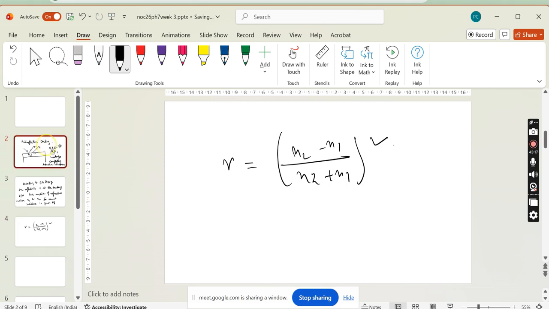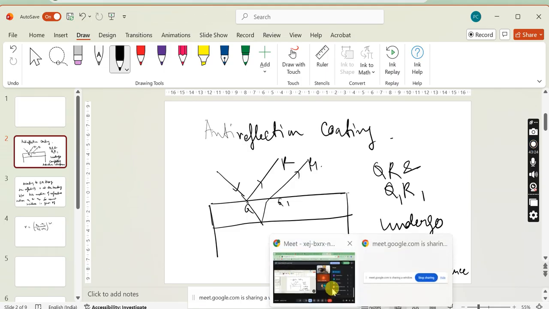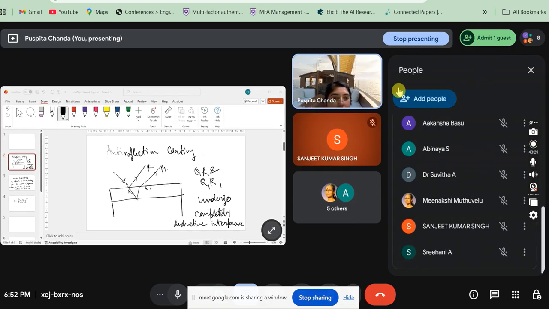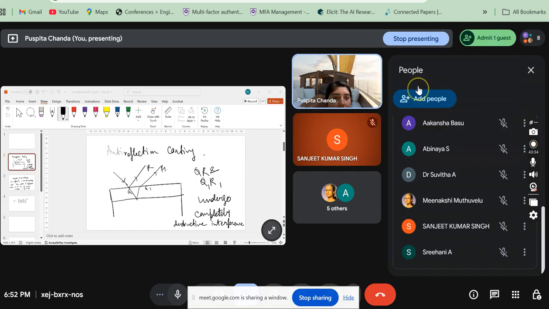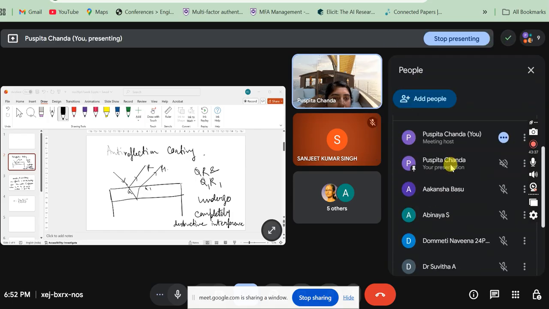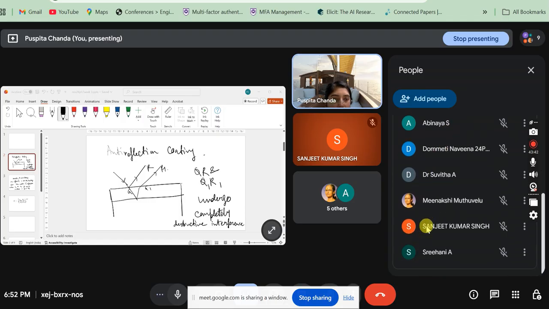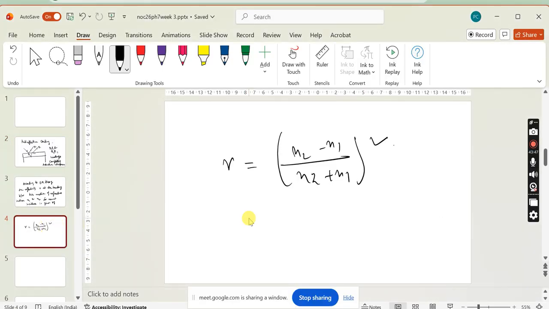So to cancel QR and Q1R1 completely, the amplitudes of the waves should be the same.